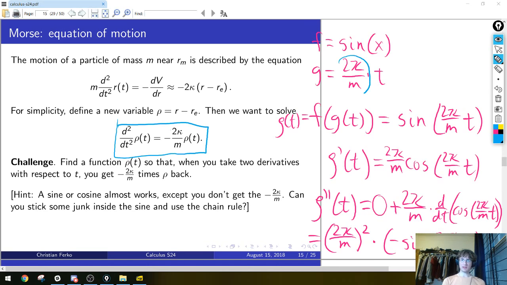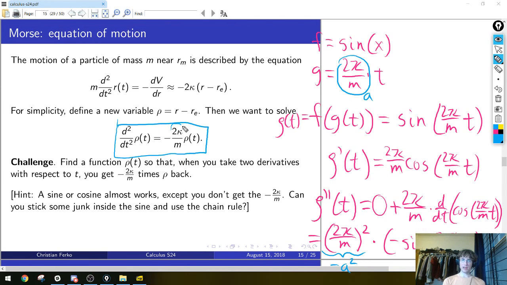Let me ask it a different way. If this number in g, this constant in front of t, were some constant a, then the calculation we just did shows that if you take two derivatives, the number in front of the function with this minus sign is going to be roughly minus a squared, because you get two copies of a out.